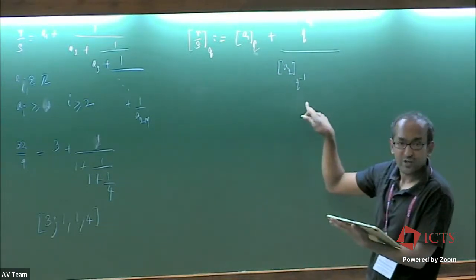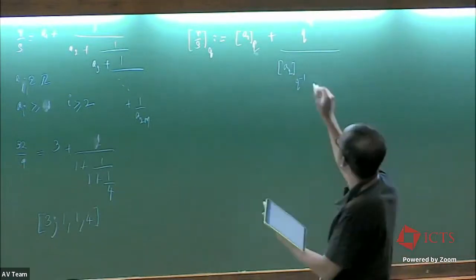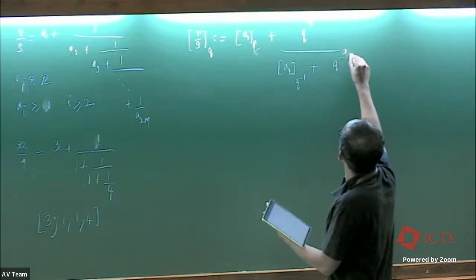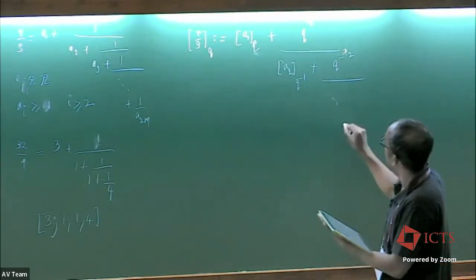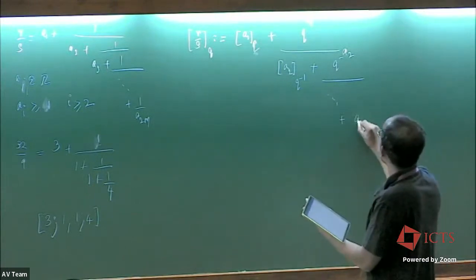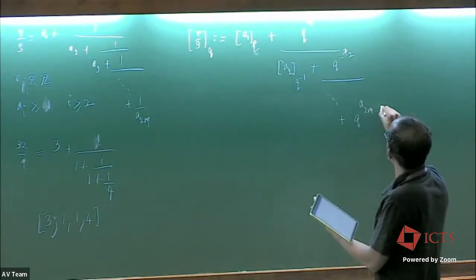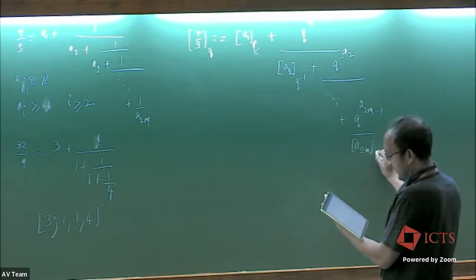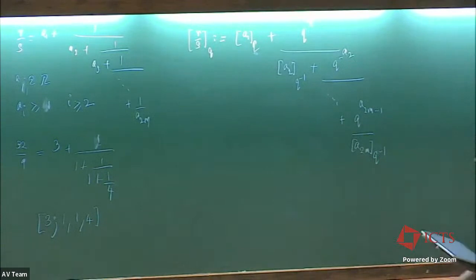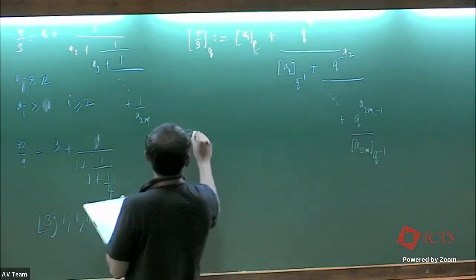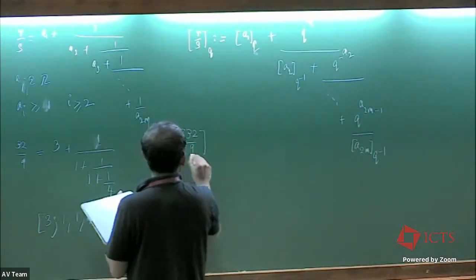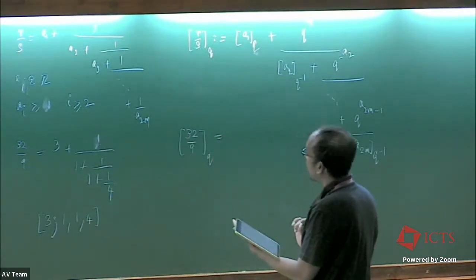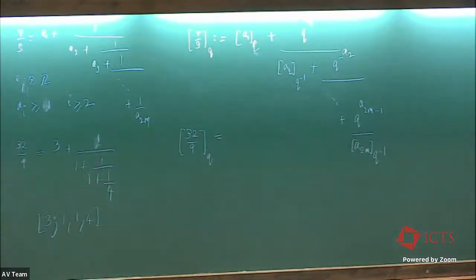For even parts, you take Q inverse. So in this particular case, for instance, you have 32 by 9. If you work it out, you get a complicated expression. Maybe I shouldn't write this down, but let me give you a couple of examples.